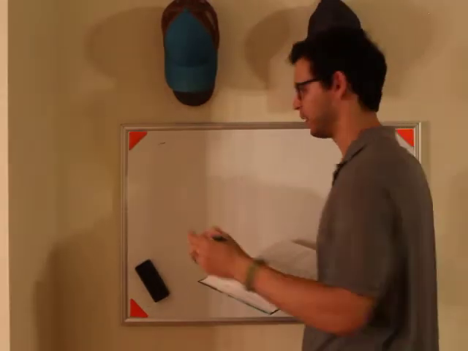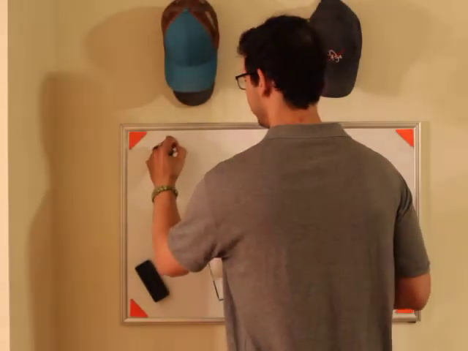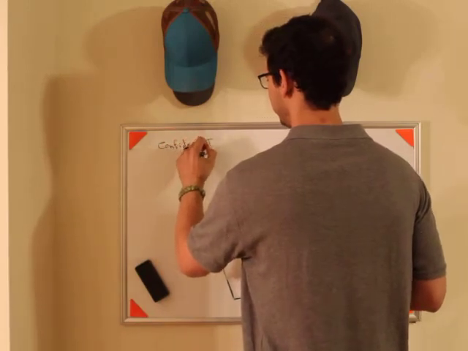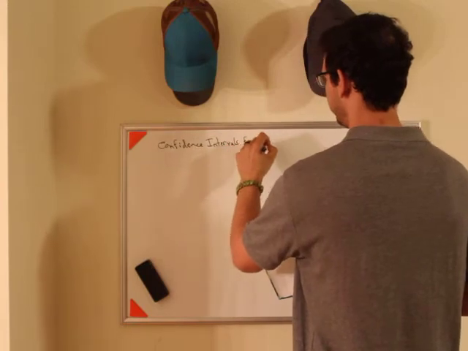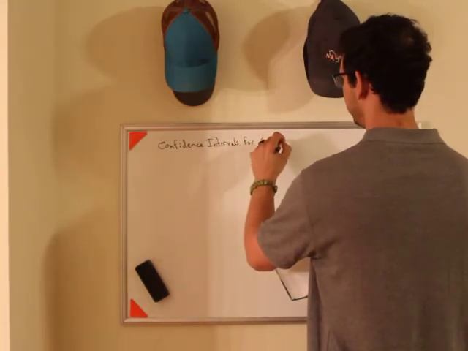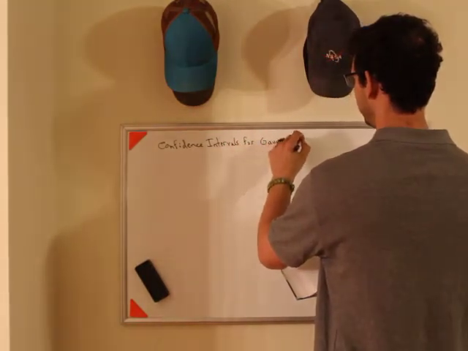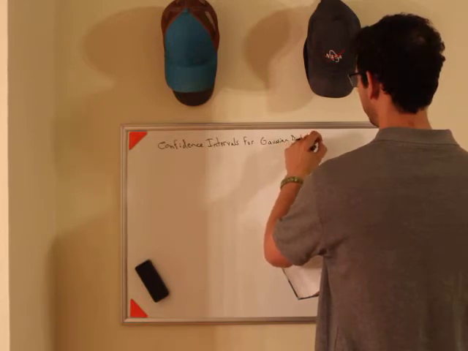All right, so I want to do an example on confidence intervals for Gaussian distributions. Okay?